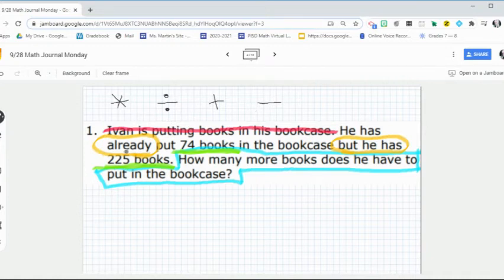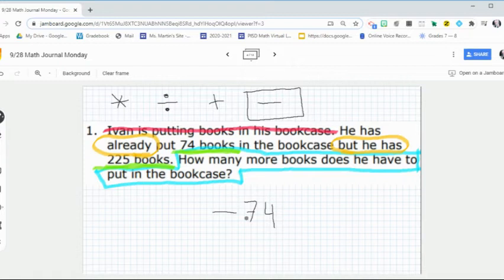If I already did it, it means I am subtracting. I get to take away from my to-do list. So already means I can take it off my list, minus 74.